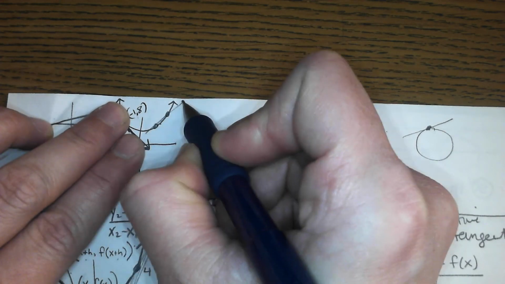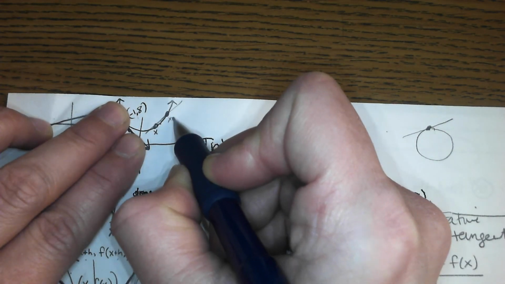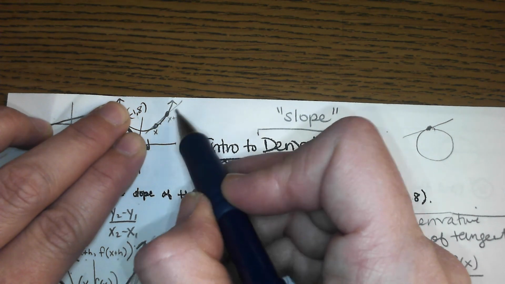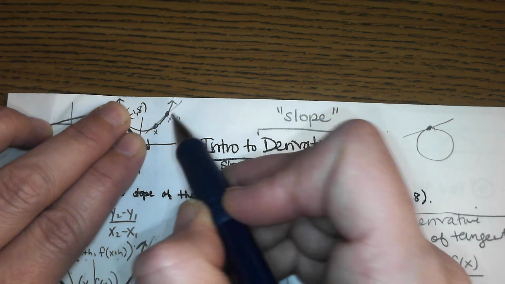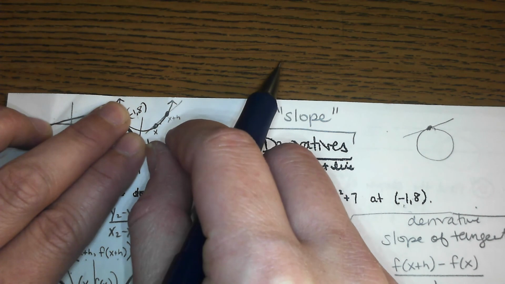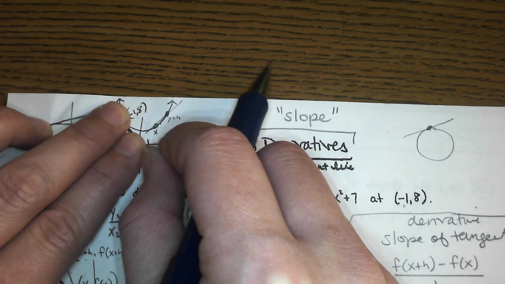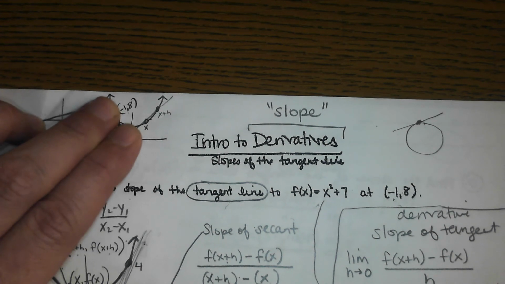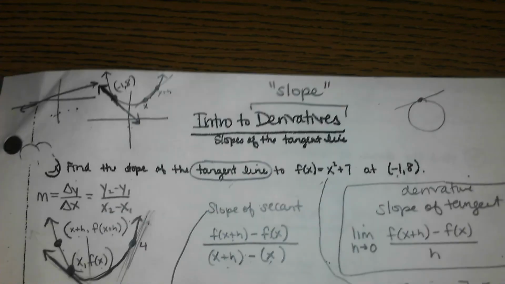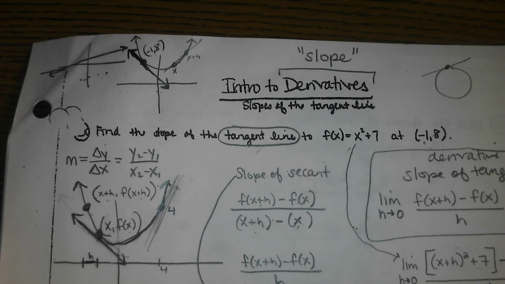Your two secant points, if this is x plus h, being h units apart. And it's really the slope of your secant line allowing h to pinch closer and closer to 0, which brings your secant line closer to your tangent line. That's the conceptual foundation that you need, and that's where all of this difference quotient stuff comes from.